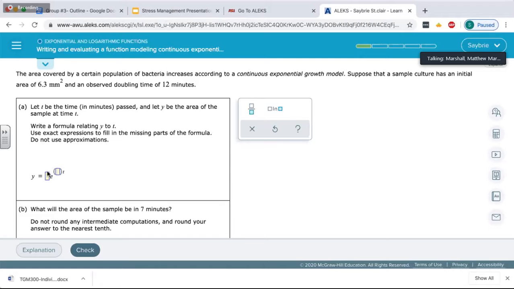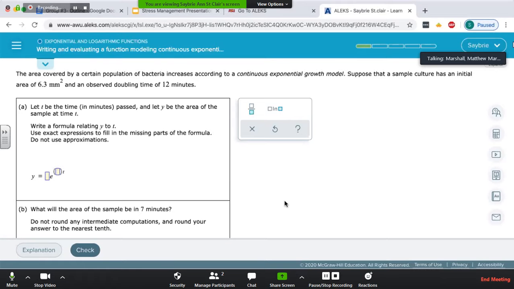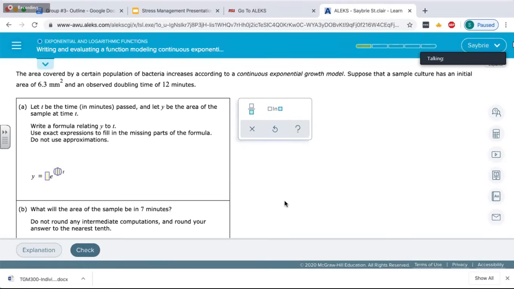Okay, so here we go. Looks like the initial is 6.3, 12 minutes. That's millimeters squared. I don't even really care about the unit. All I know is the initial is that number, and I'm going to plug it in.